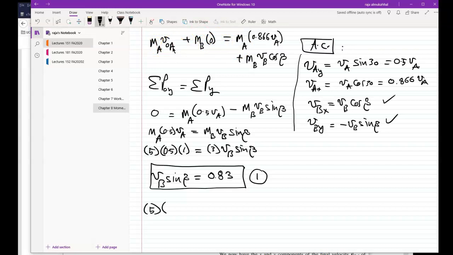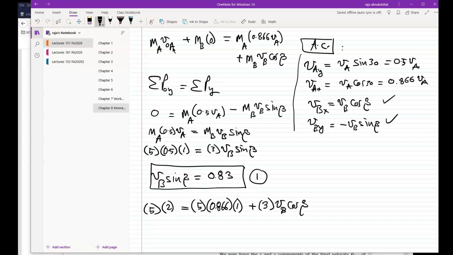And then v naught A is equal to 2 plus nothing, really 0, right? So that's just 0. Equals to m sub A is 5 times 0.866 times vA, he gives it to me, is equal to 1, correct? Plus m sub B is 3. I want to make sure, yes, it is 3. And then vB cosine beta.